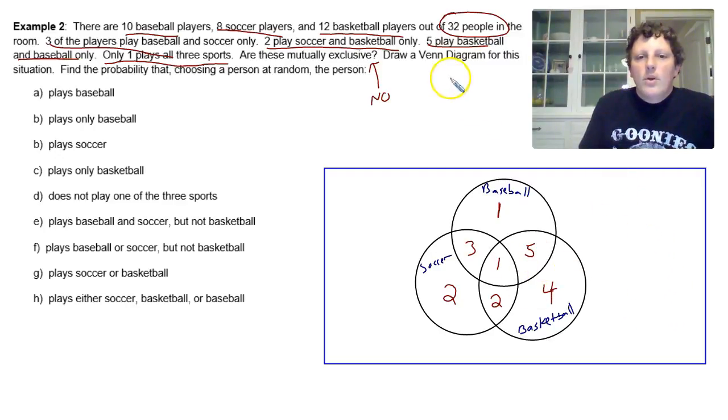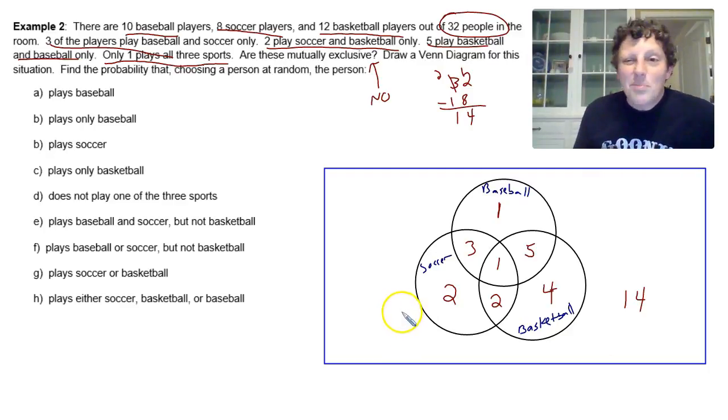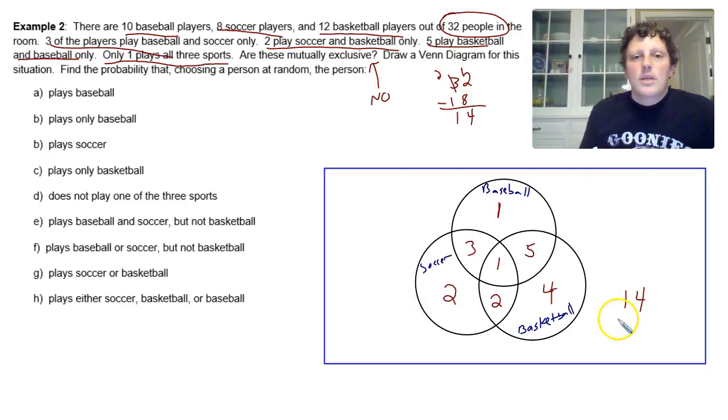Okay, so we have 32. We just said that 18 of the players are playing sports. So what does that leave us? Let's see, borrow the 1, 14 minus 18... 14 people out here in La La Land that are not playing any sports. It's okay not to play sports, but we just want to make sure we think about those players.